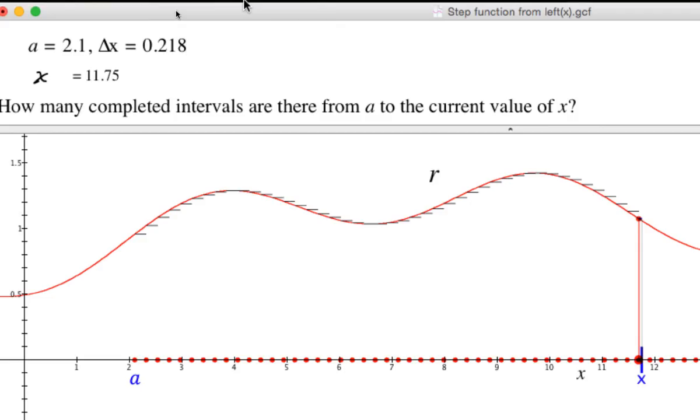We've got to figure out how many completed intervals we have in this situation. Okay, let's see. Last one's about 0.26.